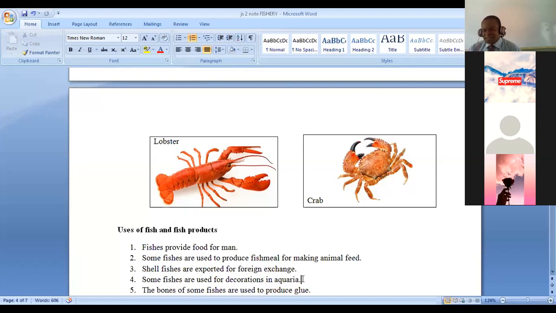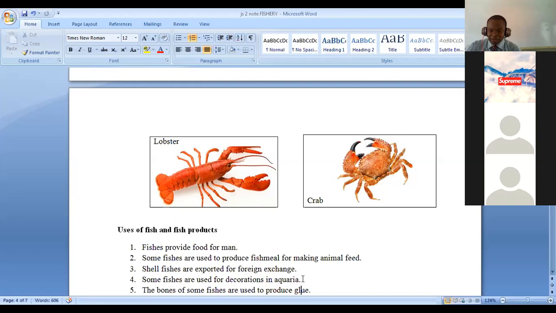It's basically just for beauty in your sitting room. So this is part of fishery. Some fishermen catch those rare fishes which are colorful and interesting to look at. They add beauty to our sitting rooms. So that is one of the reasons why we fish, that is for decorations as in aquaria.